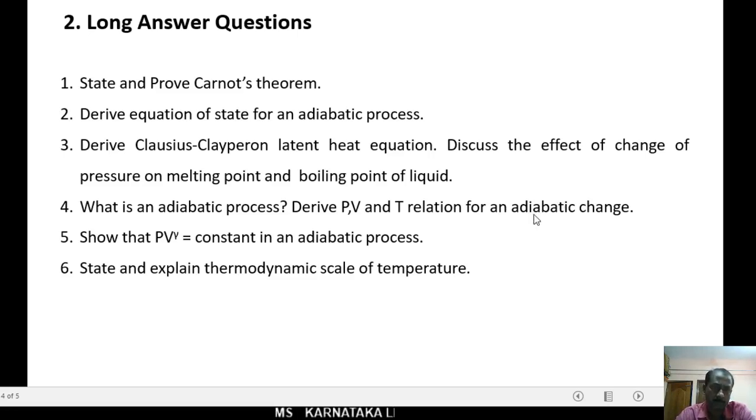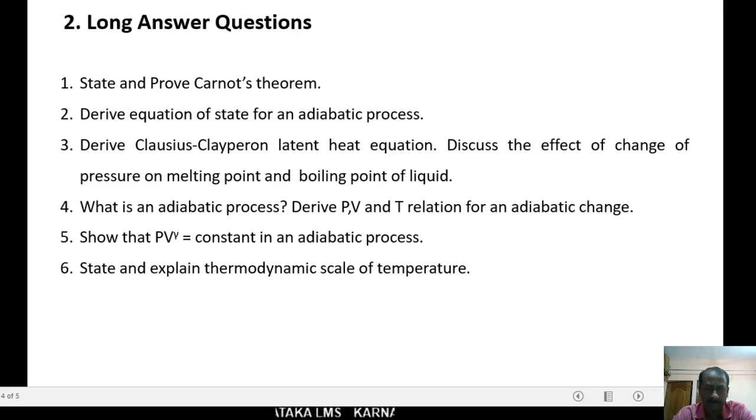That carries 4 marks. Next question is show that PV to the power gamma is equal to constant in an adiabatic process. This question is the same as the 4th one. You should derive PV to the power gamma equals constant as usual. Next question is state and explain thermodynamic scale of temperature.